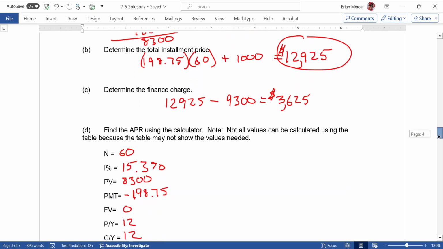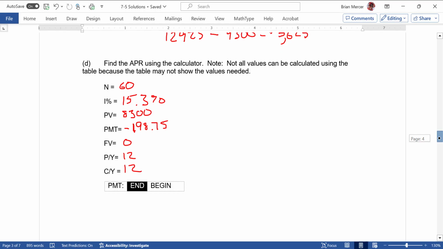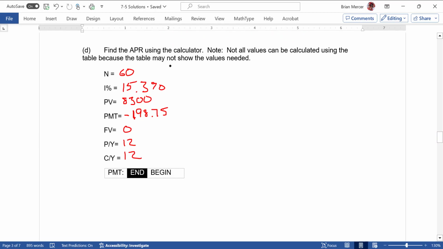You get APR here just on the calculator, and it's possible, by the way, the table may not show the values you need, so practicing both methods is why we show you that calculator method, because your table, you're restricted to whatever values they give you on the table. And Alex will obviously give you the values you need as long as you scroll at the bottom, like I said. So there you do the calculation, and again, this is what we found.